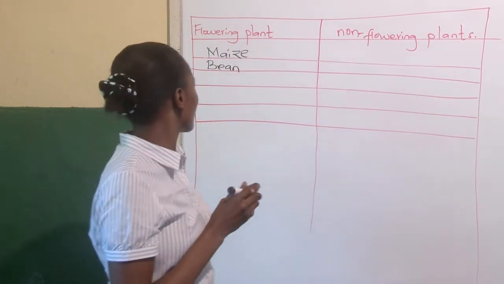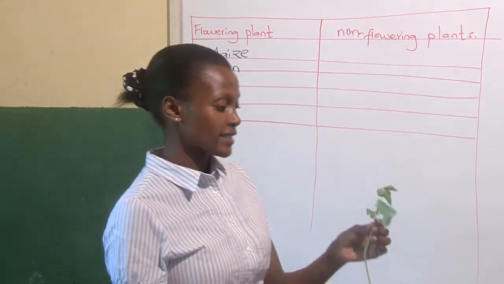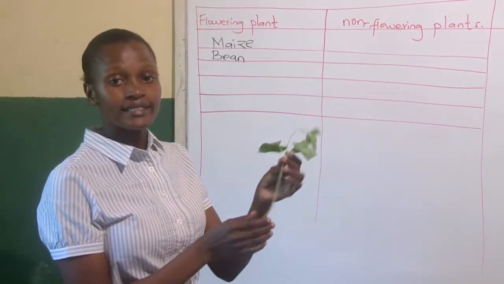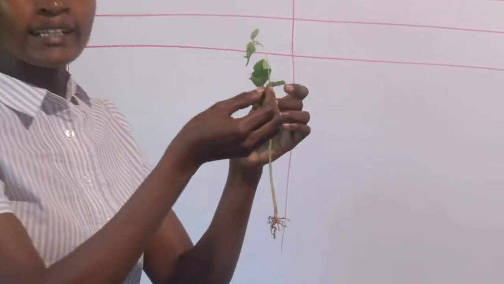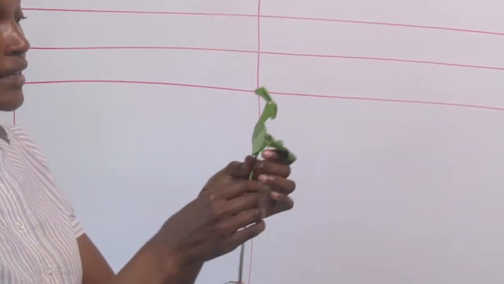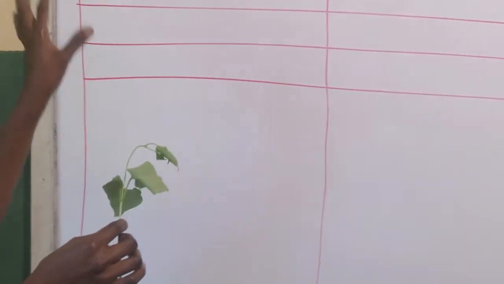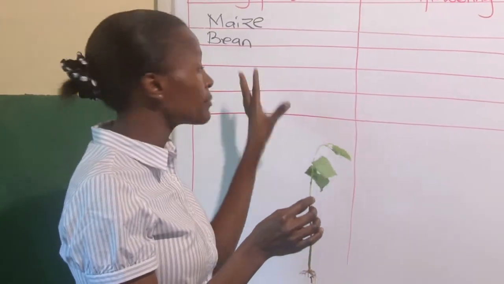With our plant here, as you can see, it has got green leaves. The stem is also green, so we can simply group it as a green plant.